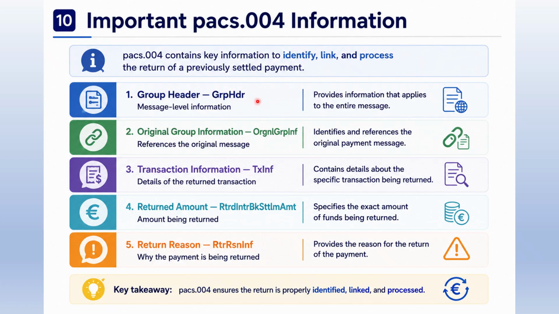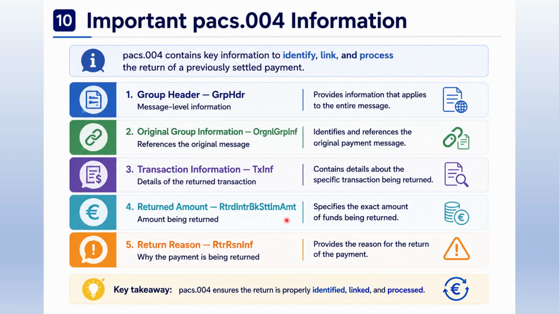Let's now look at some of the important information inside pacs.004. First, we have the group header, GrpHdr. This contains message-level information. Then we have original group information, OrgnlGrpInf. This is used to reference the original message. Next is transaction information, TxInf. This contains details of the returned transaction. Then we have the returned interbank settlement amount, RtrdIntrBkSttlmAmt.